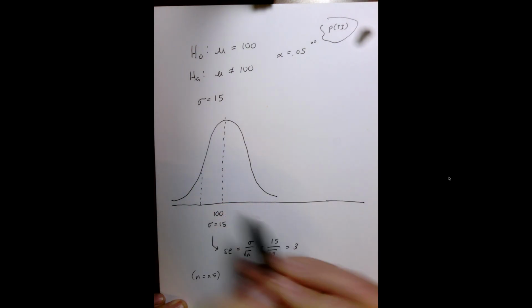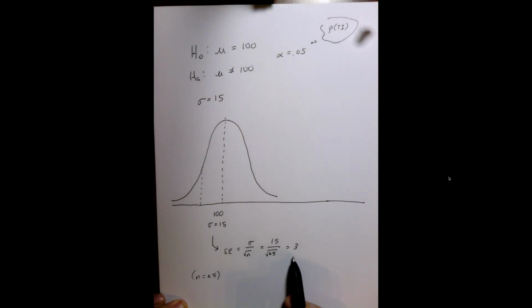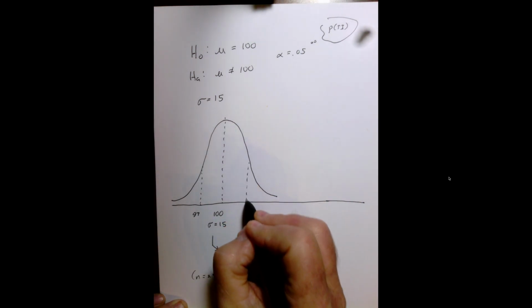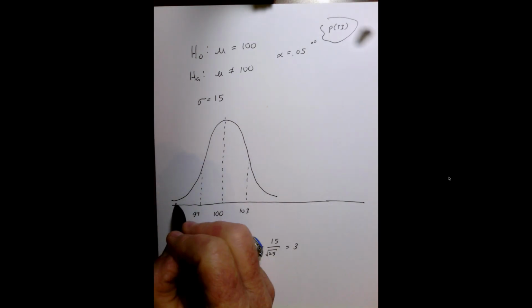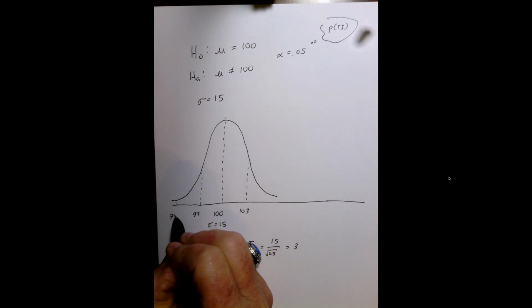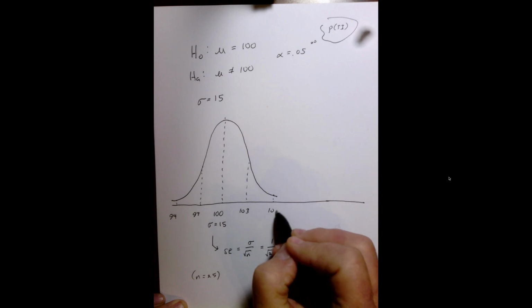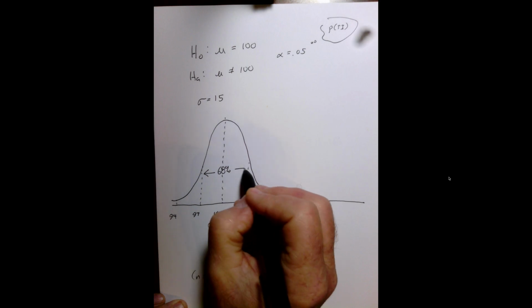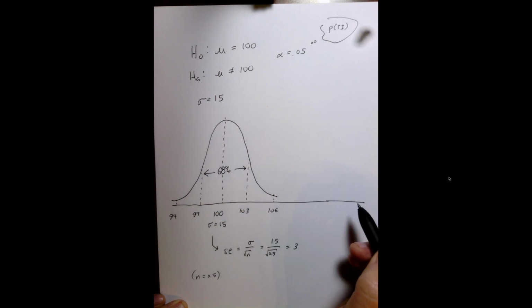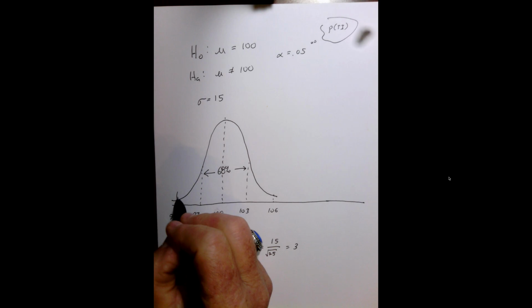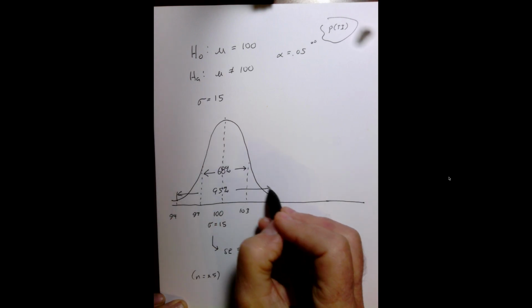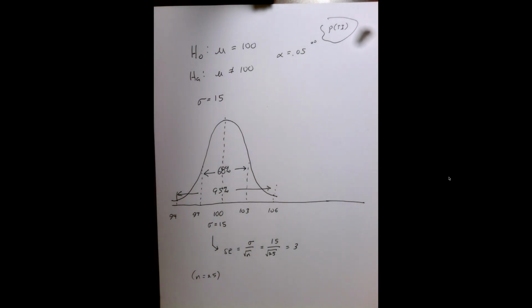Just as an example, since we know that our standard error is equal to 3, approximately 68% of the samples are going to be between 97 and 103, and about 95% of our samples are going to be between 94 and 106.